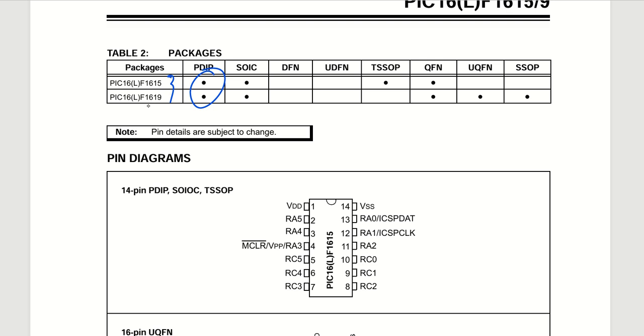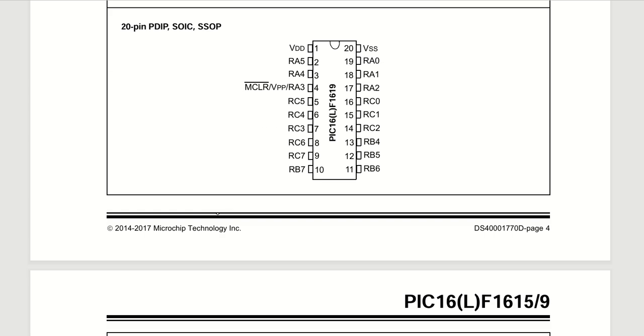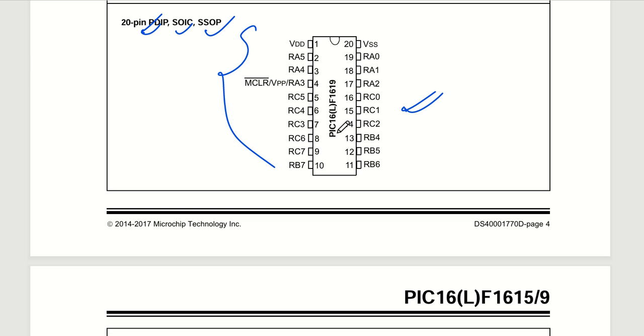However, 1619 we are talking about right now, and that has only the 20 pin we will talk about. Other packages are also available, but we have the PDIP package, SOIC, SSOP. All these package configurations are there to reduce the physical size of this particular board.